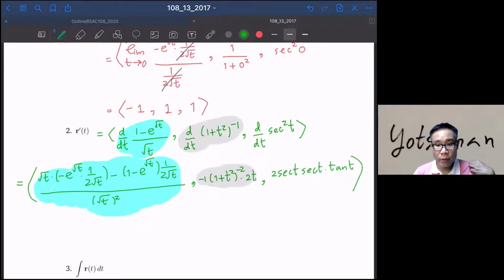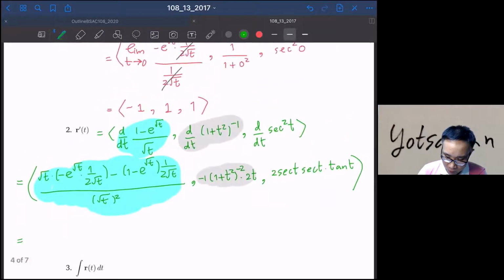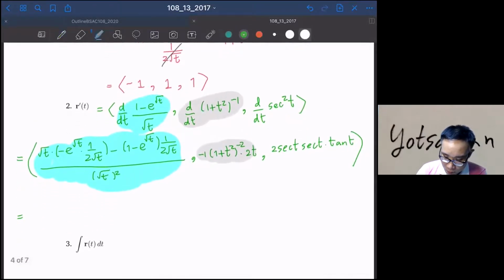So it's 2 sec t tan t. That is the last one, the orange one, and this will be your answer.